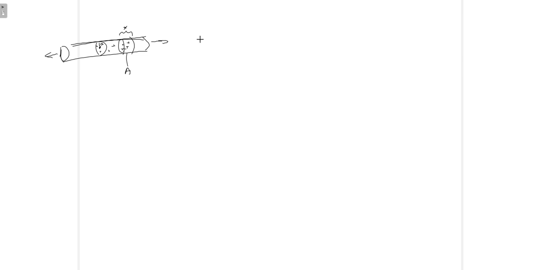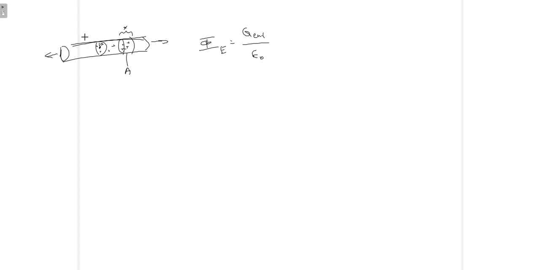So Gauss's law is the flux enclosed is equal to the charge enclosed over the permittivity of free space. So, magnitude of the electric field outside the rod.